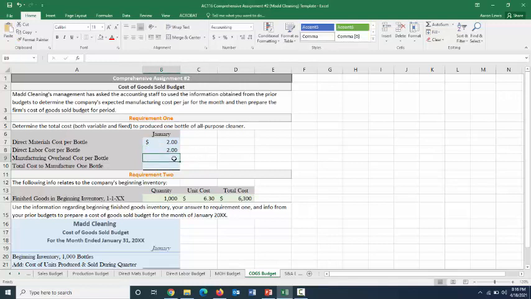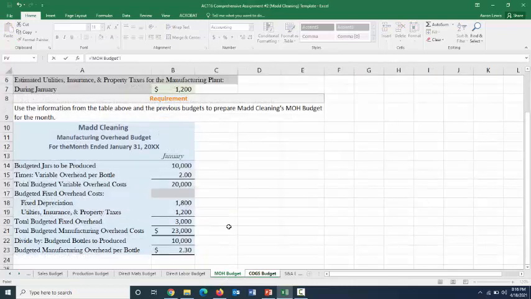And then lastly, we have our manufacturing overhead cost per bottle, which we can go back to our manufacturing overhead budget to reference. We've already determined that the budgeted manufacturing overhead per bottle is going to be $2.30.